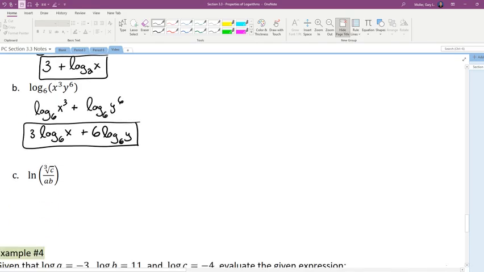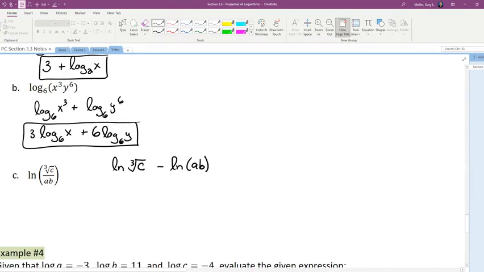All right, and on this one, let's be careful. That 3 is saying we have the cube root of c. So let's go ahead and do this over here. Natural log of the cube root of c minus the natural log of ab.